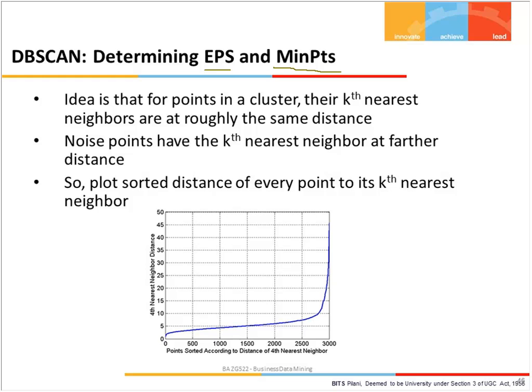Obviously it becomes very different where people tend to live in independent houses versus places where people live in apartments. The density variations can be so significant that it becomes a challenge. You don't have a choice because you are depending on a parameter and you are working with a large data set.